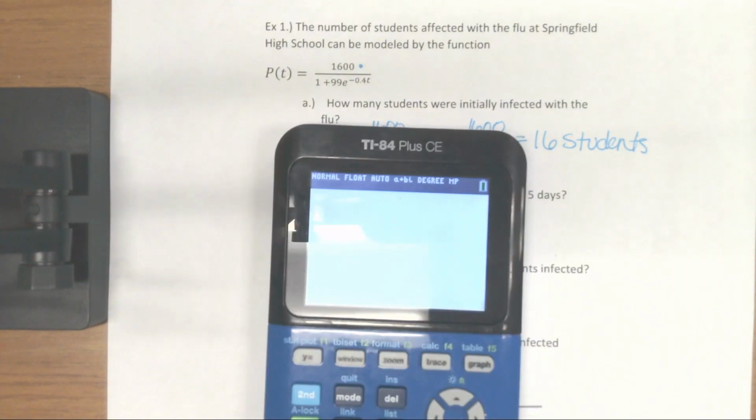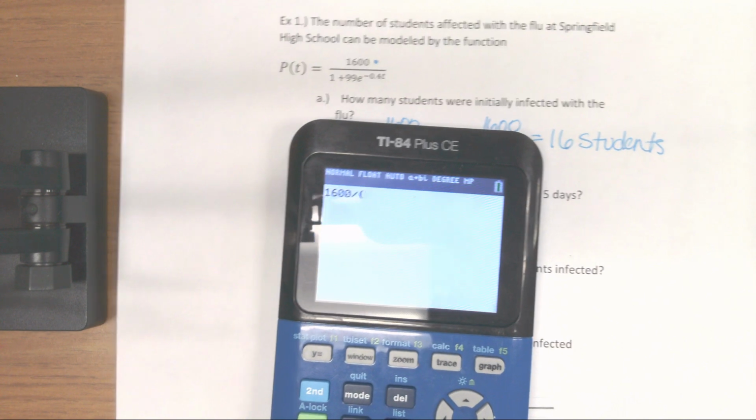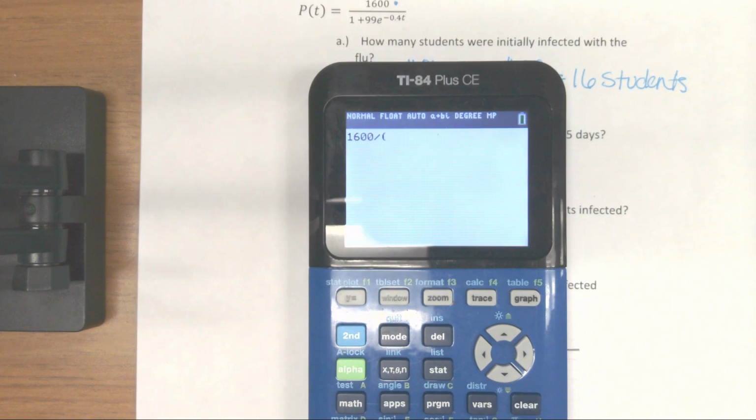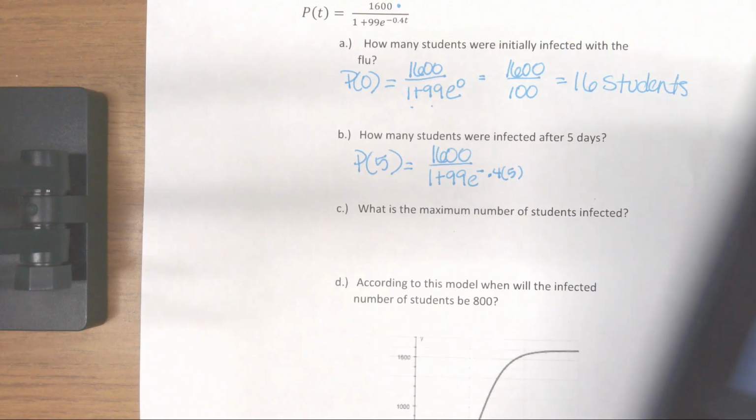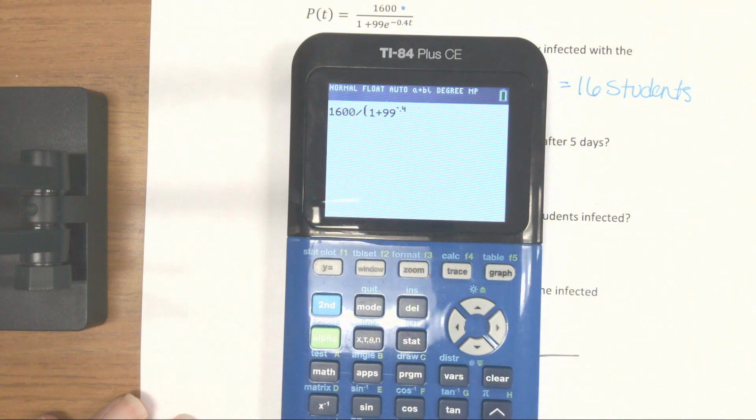So 1600 divided by, put this in parentheses, 1 plus 99, and then like some of the older calculators, you're going to need parentheses around your exponent. If you have one of the newer ones, it will put it in there for you. Negative 0.4 times 5.